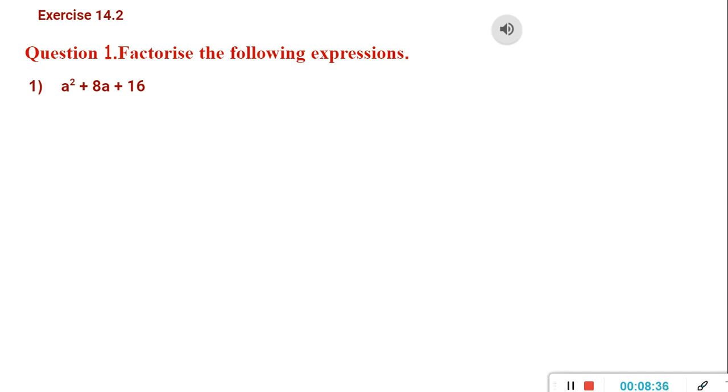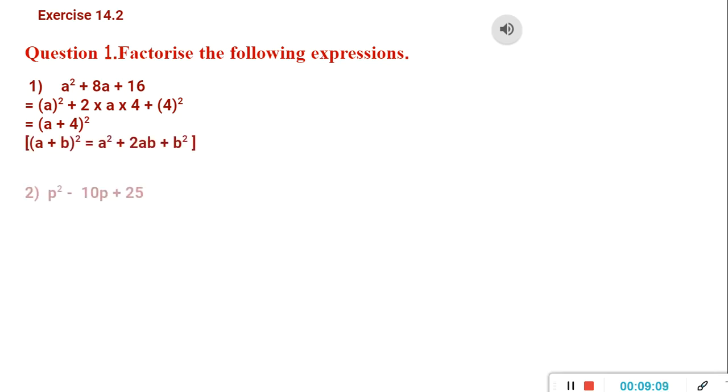The middle term should be in the form of 2ab. Here a is a and b is 4, so 2 into a into 4, 2 4s are 8, 8a. Yes, correct. So we can write it as a square plus 2 into a into 4 plus 4 square, that means a plus 4 whole square. Which identity? First identity: a plus b whole square is equal to a square plus 2ab plus b square.